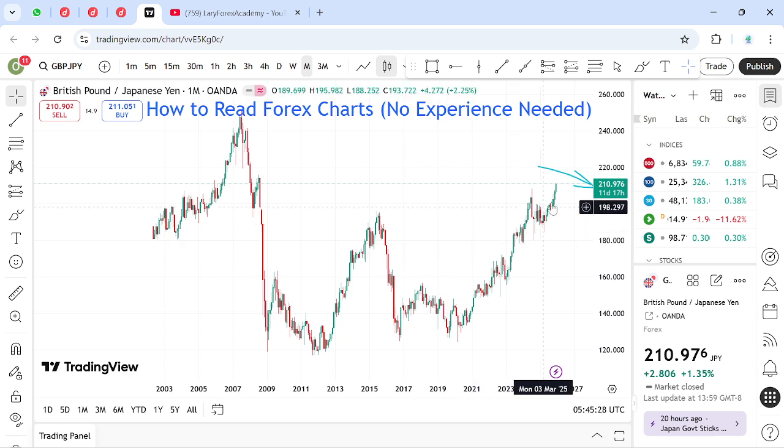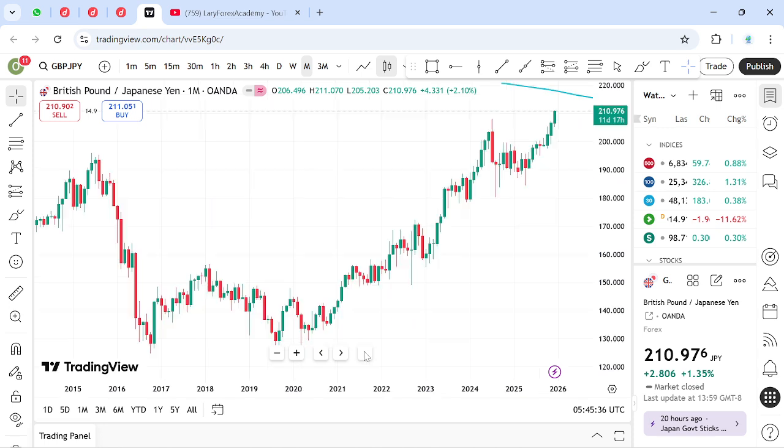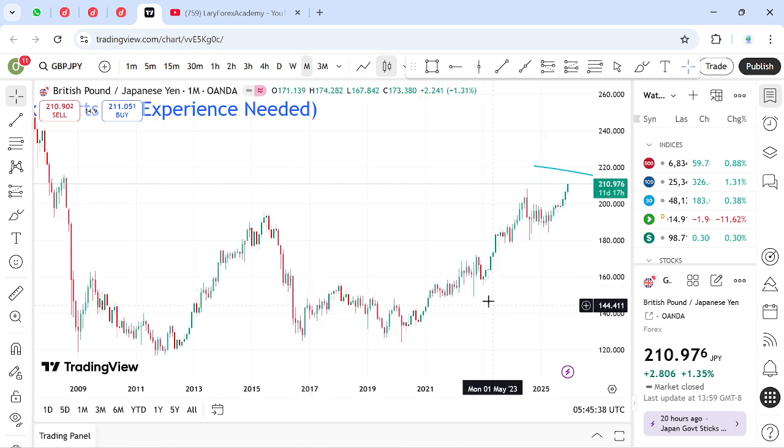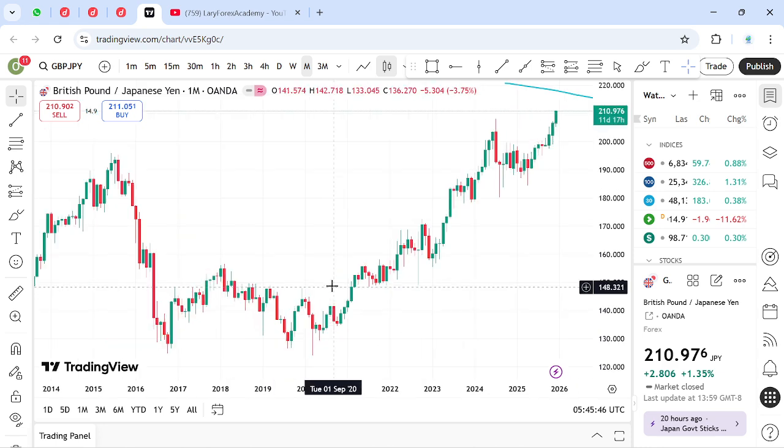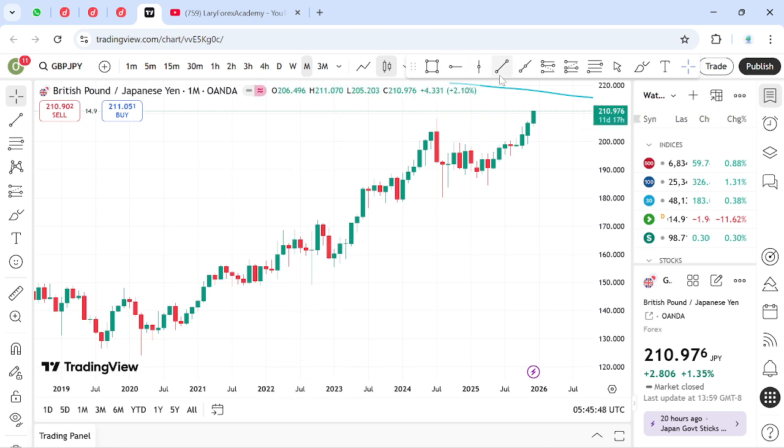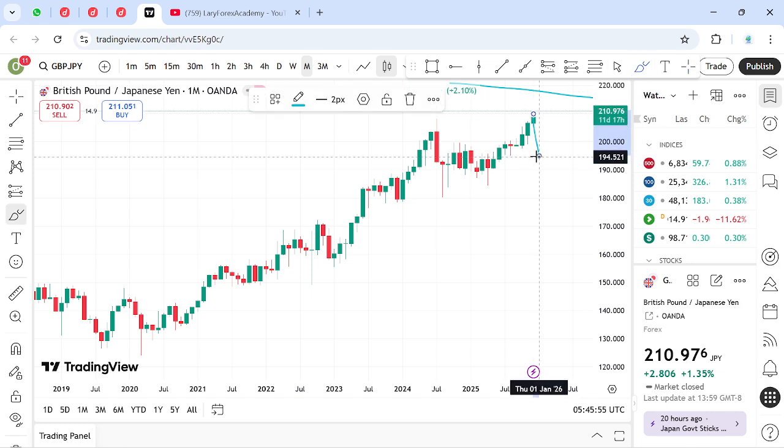So now, currently we are on the monthly time frame. The monthly time frame simply gives us one particular meaning, which says all of these candlesticks you see here are being formed during each month. So if we go down, we have this: a monthly candlestick, this is another month.